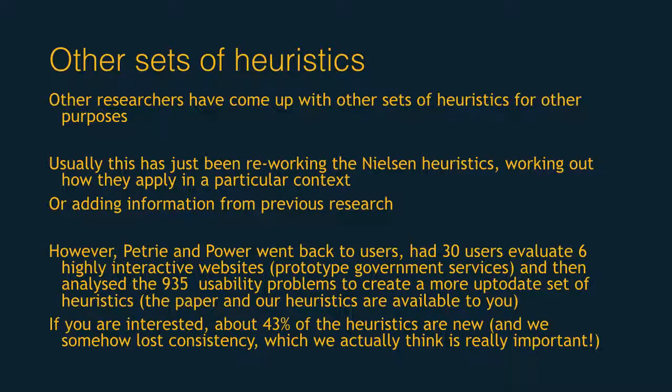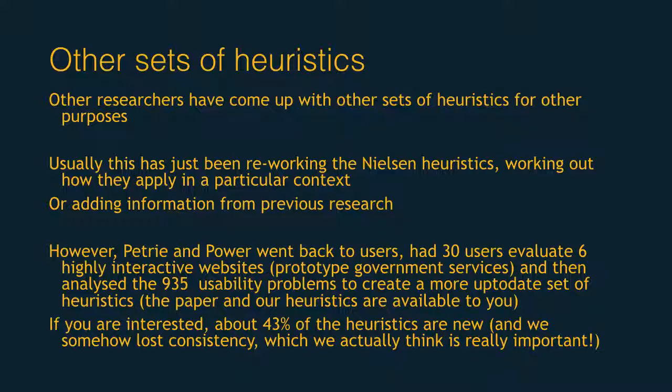And if you're interested, about 43% of the heuristics we came up with were new, and we tried to make a better organization because we had more heuristics. The one thing I think was interesting, and we didn't unfortunately notice until after we published the paper, is that we missed out consistency.